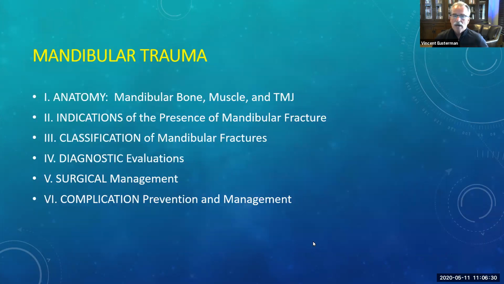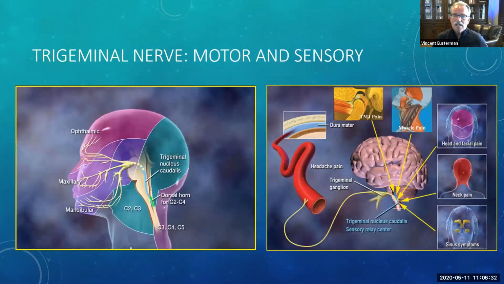Okay, mandibular anatomy is very important because it's a mobile bone. It has a joint that allows it to articulate with the rest of the face.